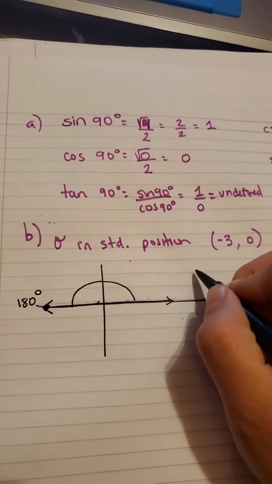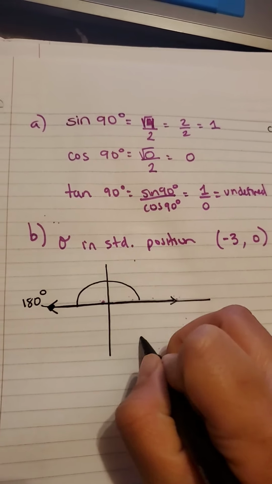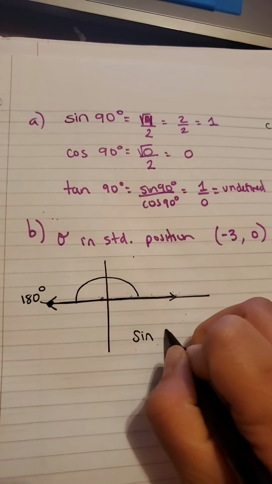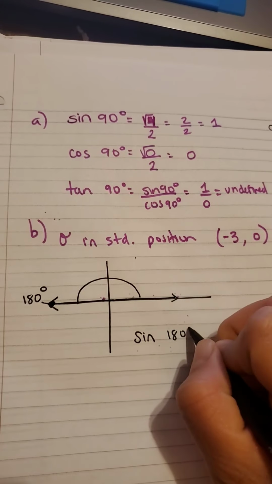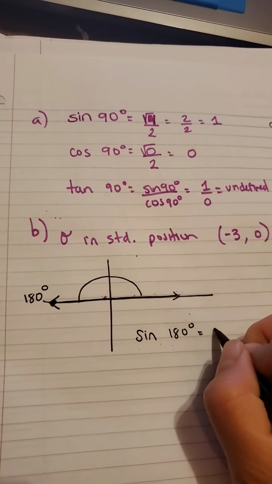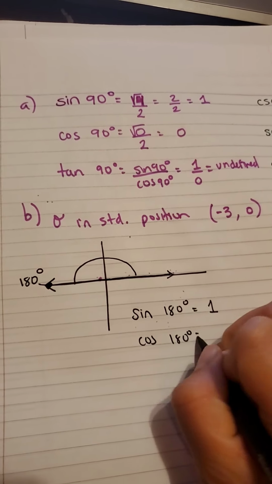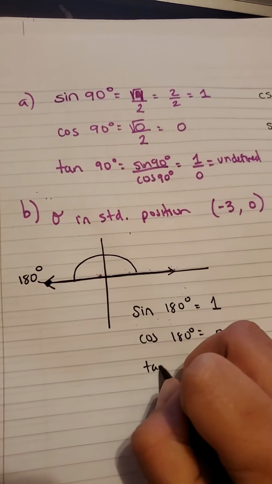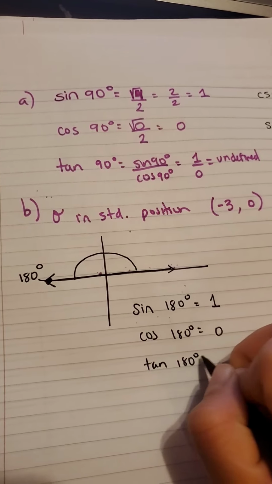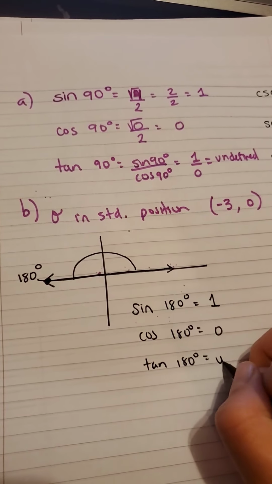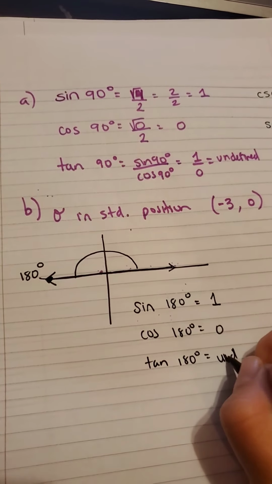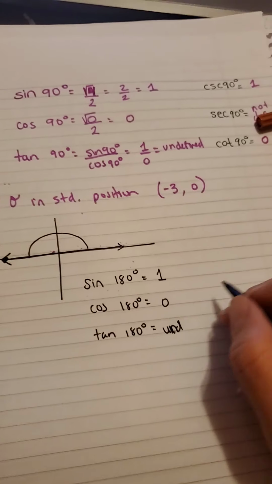So we have sine of 180 degrees equals 1, cosine of 180 degrees equals 0, tangent of 180 degrees equals undefined, and so forth.